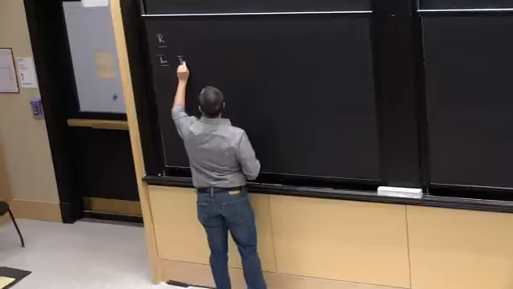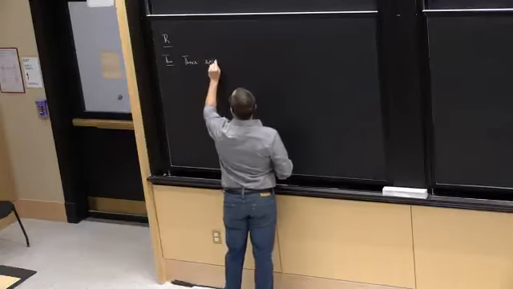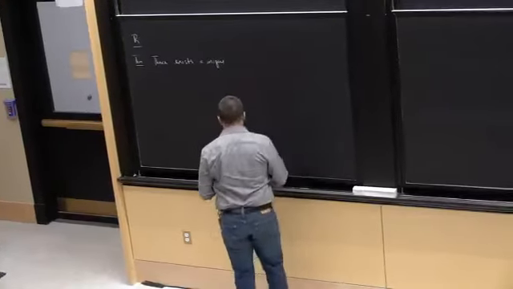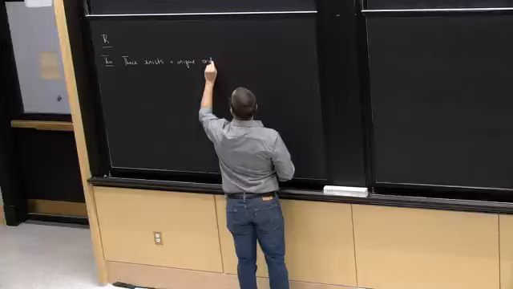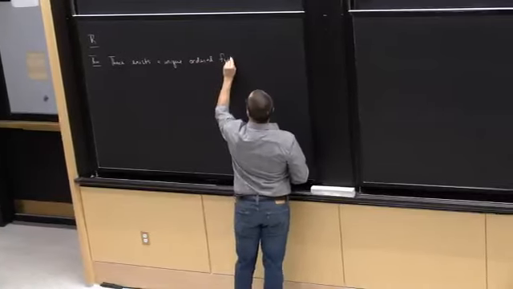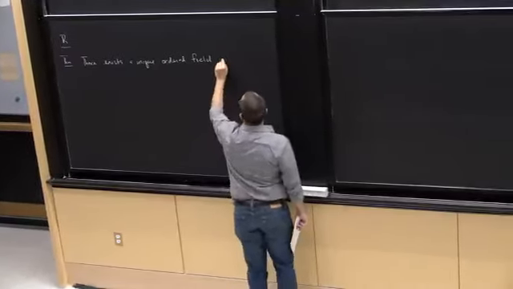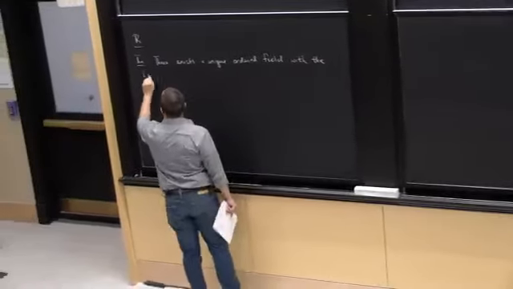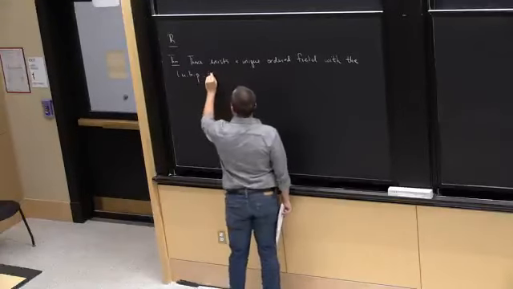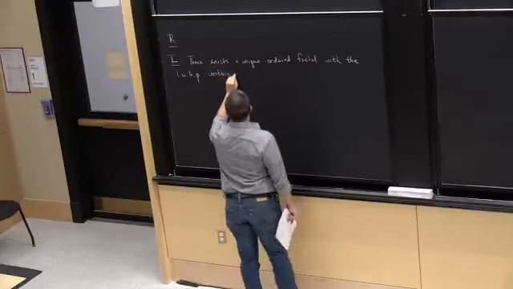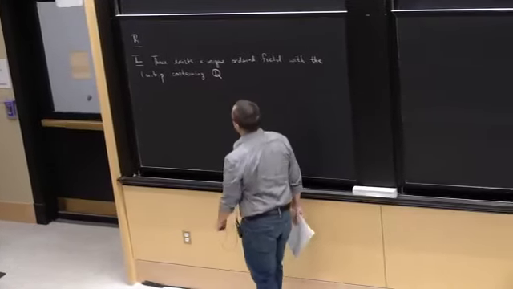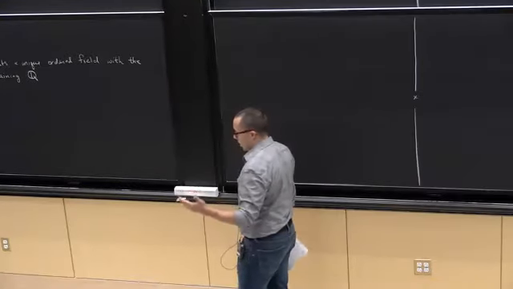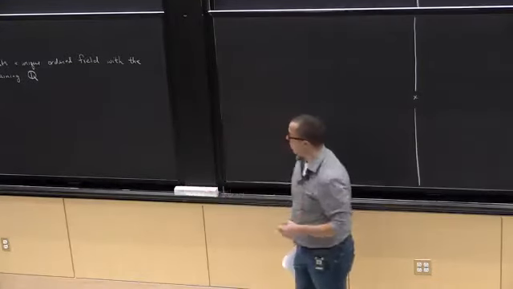The theorem is: there exists a unique ordered field with the least upper bound property containing the rational numbers. Remember, a field was a set that had operations plus and multiplication.